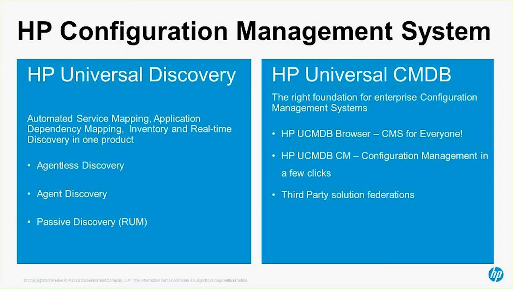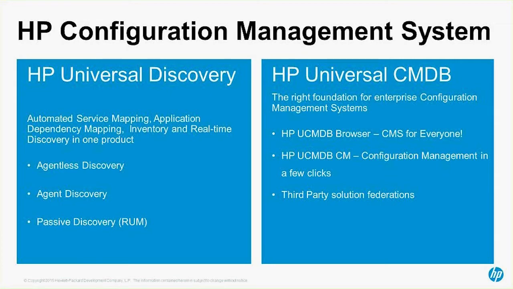Some of the methodologies are agentless discovery that uses well-known protocols such as WMI, SSH, or SNMP, and it also comes with its own UD agents for agent-based discovery that could discover the inventory locally and report back to Universal Discovery.